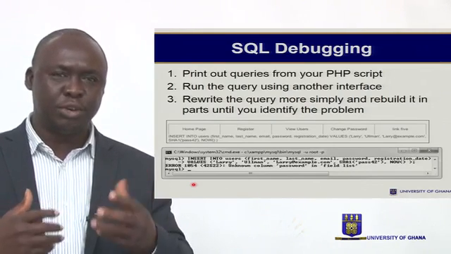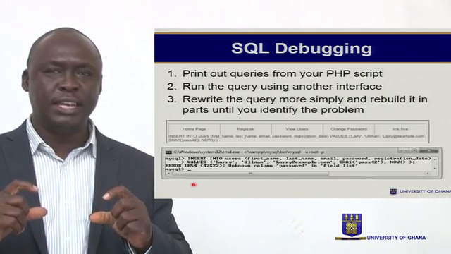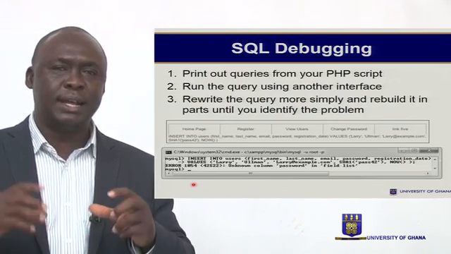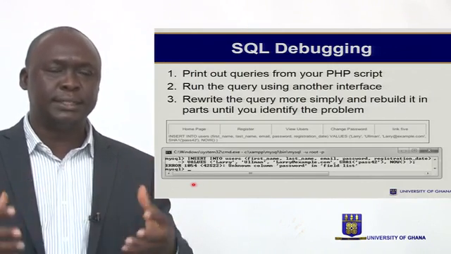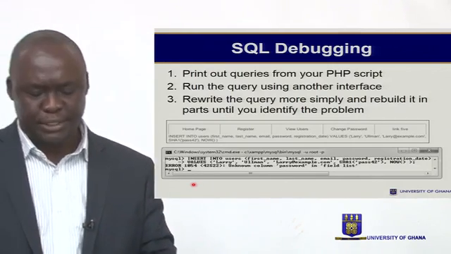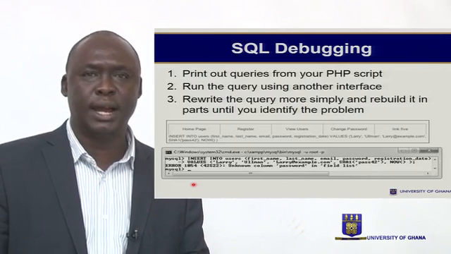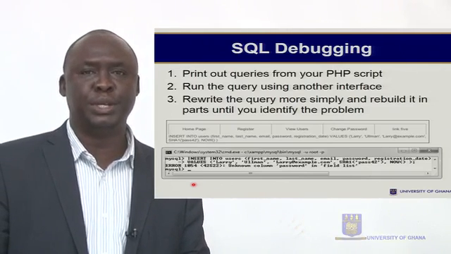If it is a nested query, try to focus on the inner query and see that it runs correctly. Then you bring the next outer query in that sequence until you are able to debug your query statement, and then you can add it to your PHP.